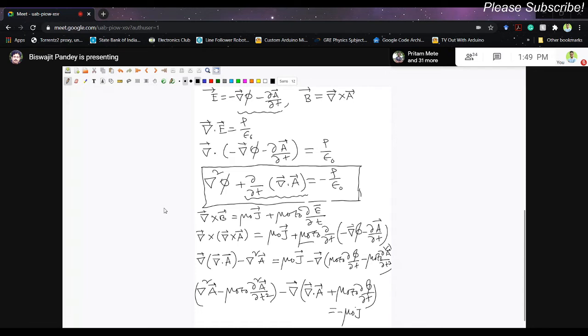Now, if you compare this equation with the one that you solved in magnetostatics, you may remember there was an equation in terms of A very similar to Poisson's equation with a source term on the right hand side.